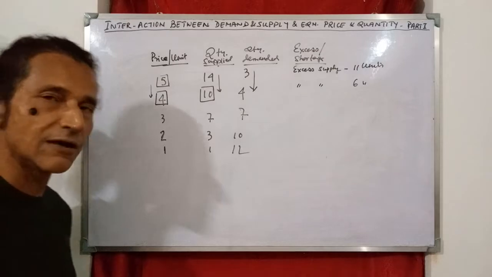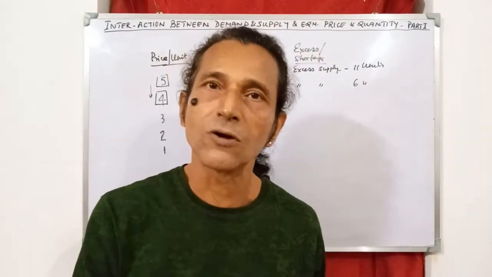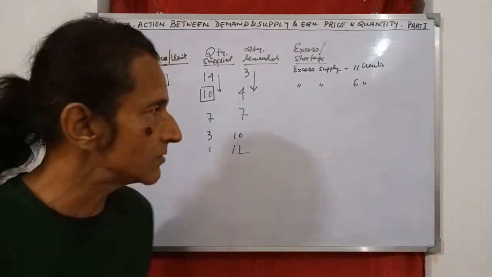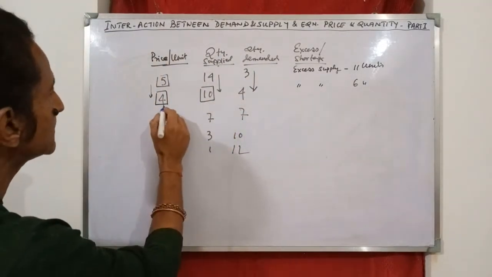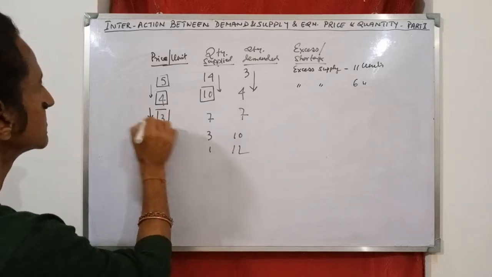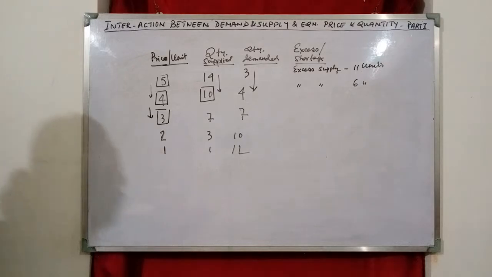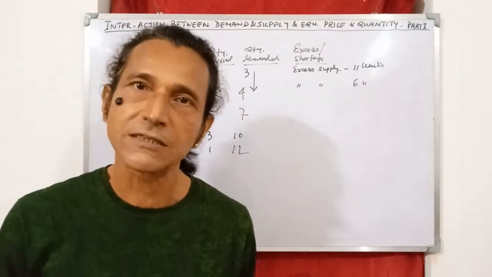So there will be again competition among the sellers to sell their commodities, and that competition will push down the price further. So price becomes 3 from 4. As price has fallen, the suppliers will supply less.